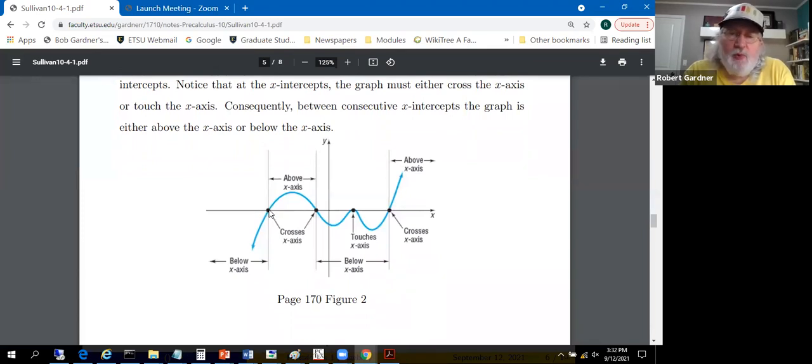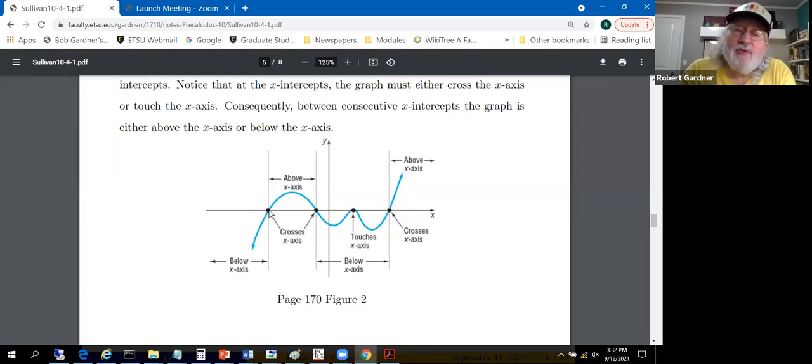If we know these are 2 consecutive points where the graph of the function touches or crosses the x-axis, that is, 2 consecutive x-intercepts, then given only that information, if we didn't have the graph, we'd know either that the function is above the x-axis between those 2, or that the function is below the x-axis between those 2.